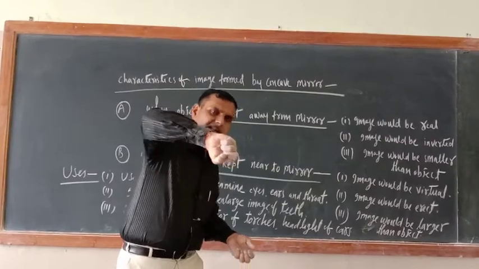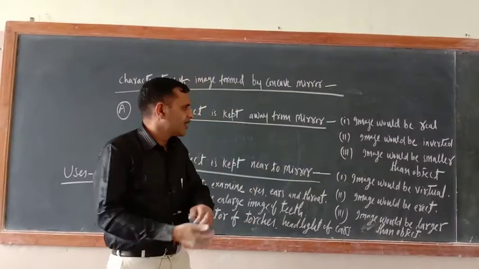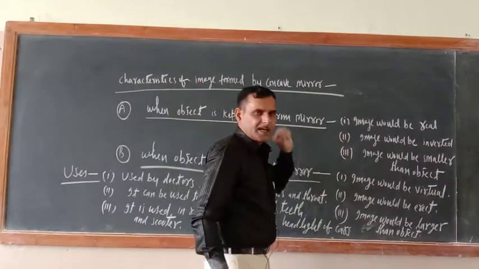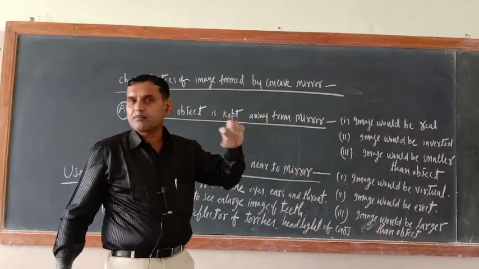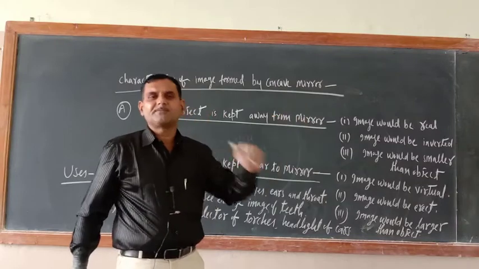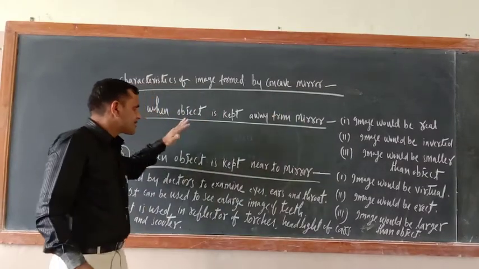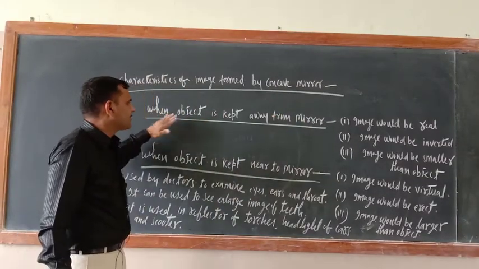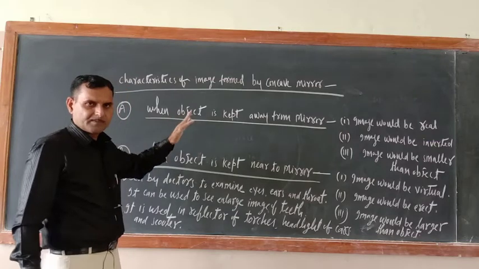The image would also be smaller than the object. Whatever image of the burning flame is formed there would be smaller than the object. So these are the characteristics of the image when the object is kept away from the mirror.